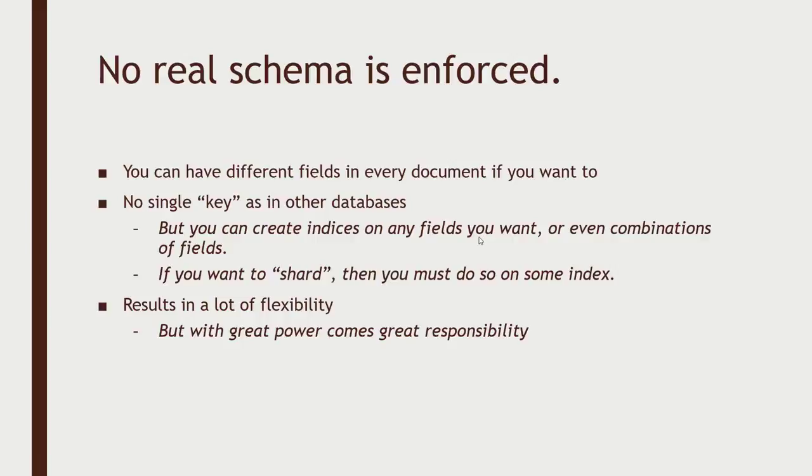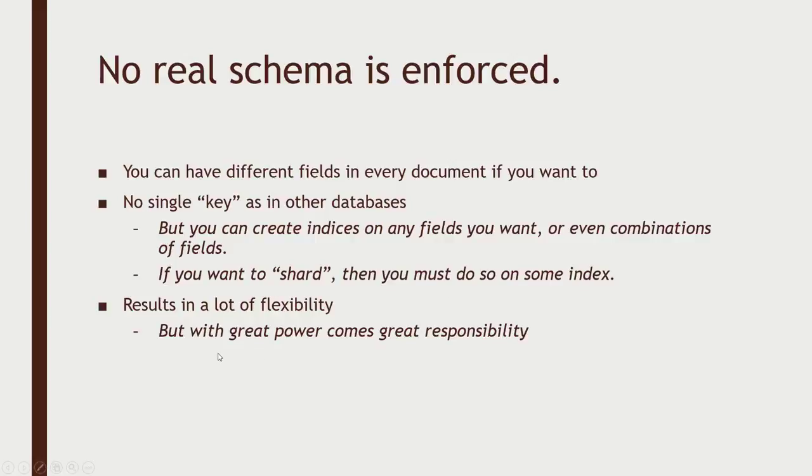So one nice thing about MongoDB is that it's very flexible in how you can index its data to achieve fast lookups on whatever queries you might be doing. Obviously, if you want to actually shard your MongoDB database, which is how they talk about horizontally partitioning it so that you have different ranges of data on different servers, then you have to have some unique index to do that sharding on. And we'll talk about that more in a bit.